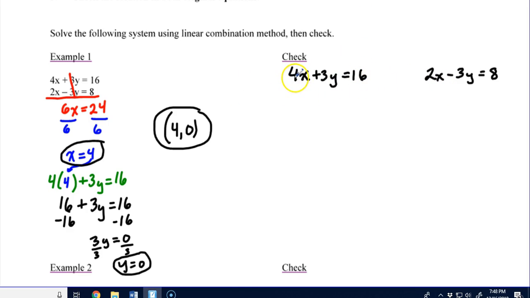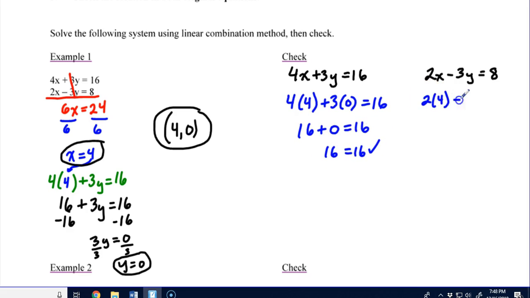So do that substitution, then play the recording when you're ready to check your answers. Okay, so hopefully you paused and worked those out. Excellent, so they both check.